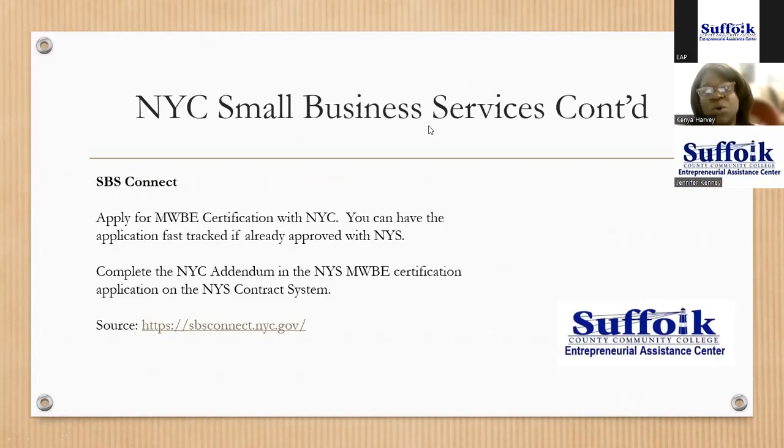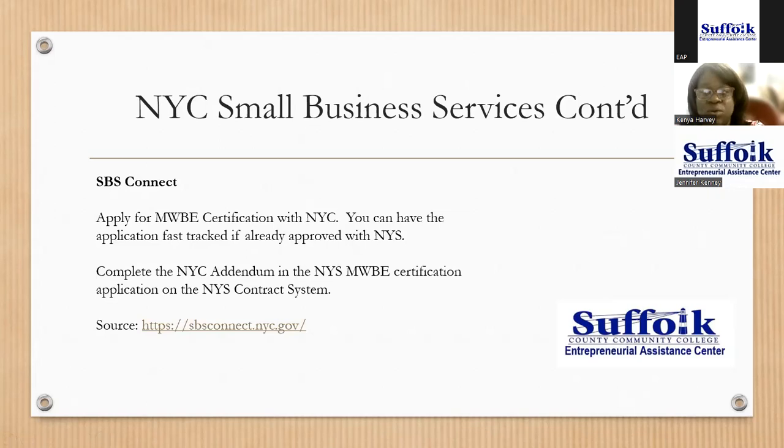New York City Small Business Services, continued. So I talked a little bit about the SBS Connect previously. The SBS Connect is where you would go to apply for MWBE certification with New York City. You can have the application fast tracked if you already have active certification with New York State.